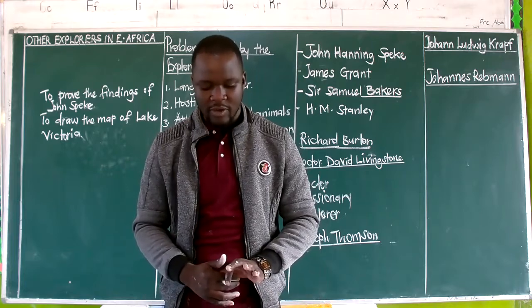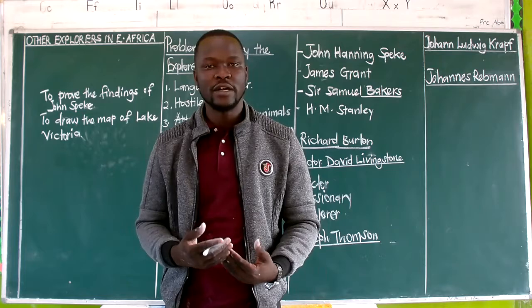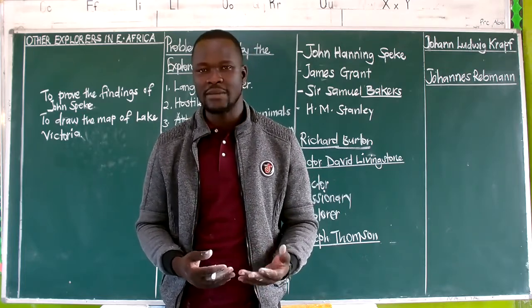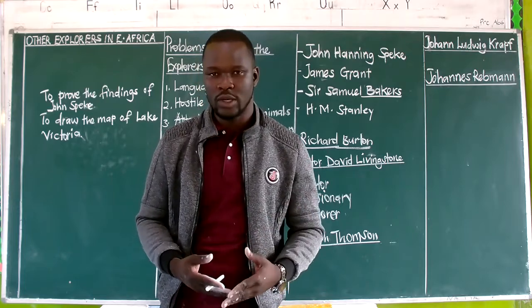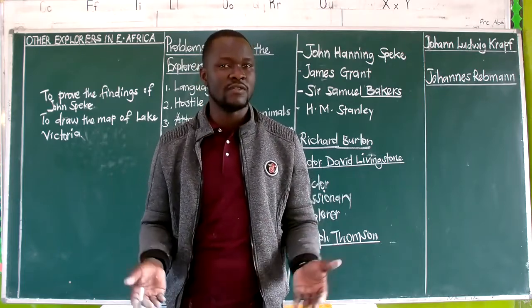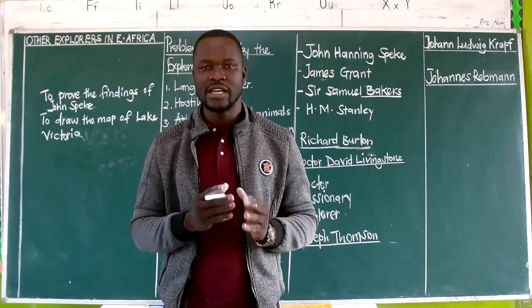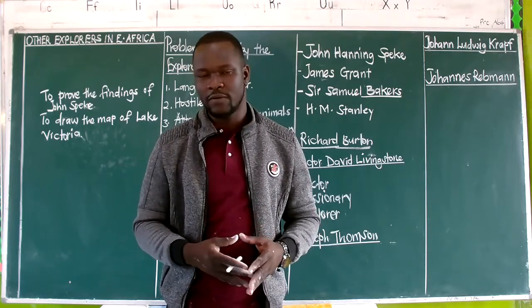And then also they provided information which helped to avoid slave trade. Remember, when these people came, they saw the way the Arabs were treating people. Remember, we said that the Arabs were the first to come to East Africa, before the coming of these explorers. So the Arabs were already in East Africa, and they were already subjecting people to that evil act of slave trade.